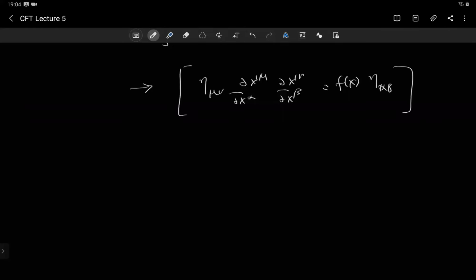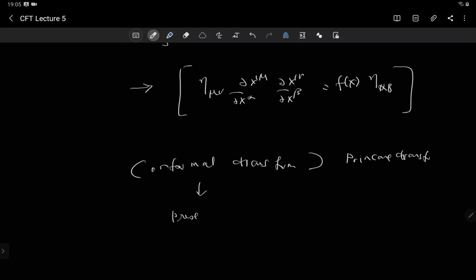These conformal transformations contain Poincare transformations as a subset, because Poincare transformations preserve angles while also preserving distance and length.